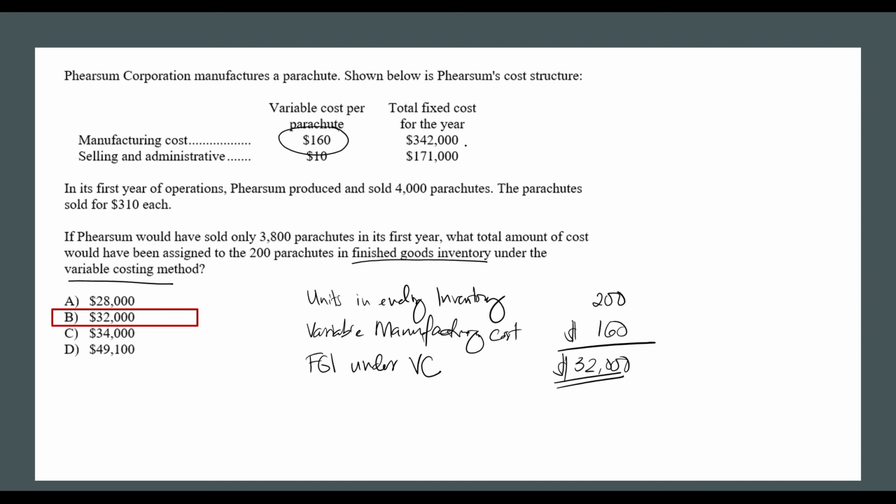Whatever value we get here, we just add to the variable manufacturing cost in order to get the total manufacturing cost under absorption costing, and we multiply it with the units in ending inventory. We will now get the value of the finished goods inventory under absorption costing.